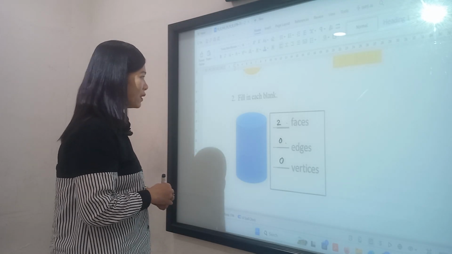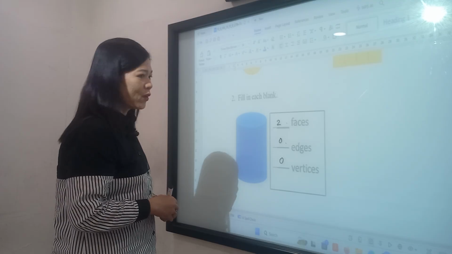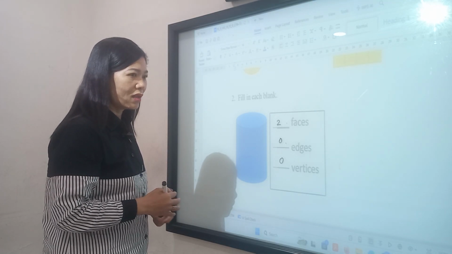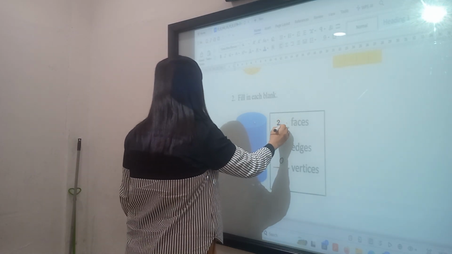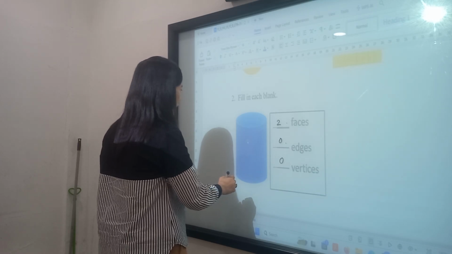Oh, I'm sorry. Okay, sir, it's okay. Actually, the answer for faces is three. Three faces: two circles, the top and the bottom one, and one rectangle.